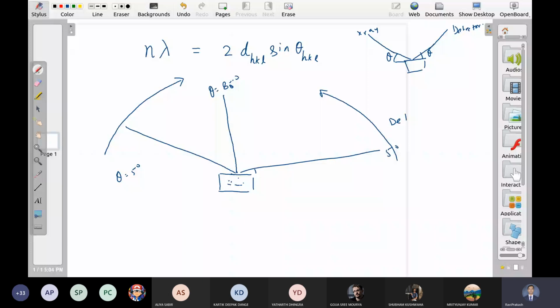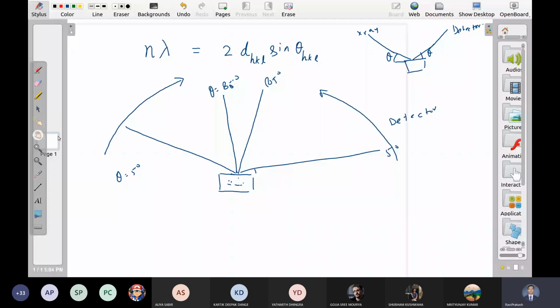As the X-ray source rotates clockwise, the detector rotates anti-clockwise. When the source was making 85 degrees, the detector was also making 85 degrees. So at some angles, we will see constructive interference of waves. At some angles, we will see destructive interference.